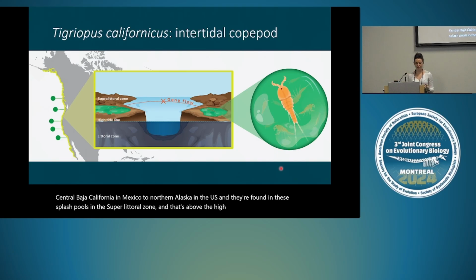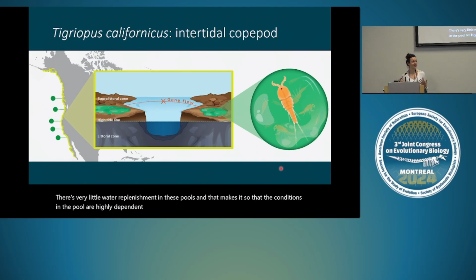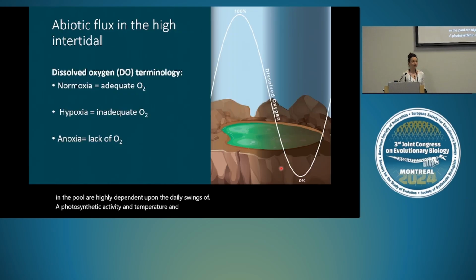So what that means is effectively there's very little water replenishment in these pools, and that makes it so that the conditions in the pool are highly dependent upon the daily swings of photosynthetic activity and temperature.